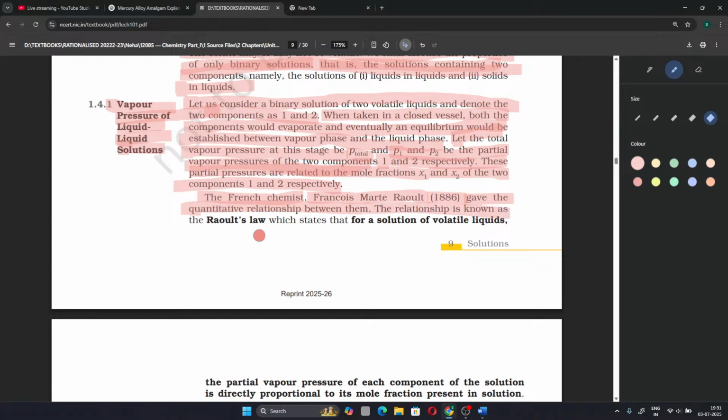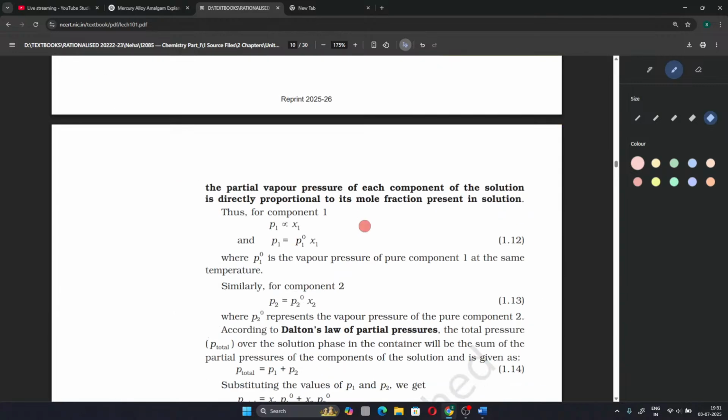The French chemist Francois Marc Raoult in 1886 gave the quantitative relationship between them. The relationship is known as Raoult's law, which states that for a solution of volatile liquids, the partial pressure or vapor pressure of each component of the solution is directly proportional to its mole fraction in the solution. Thus the partial pressure of 1 is directly proportional to the mole fraction of 1. To introduce a proportionality constant, we use P01.